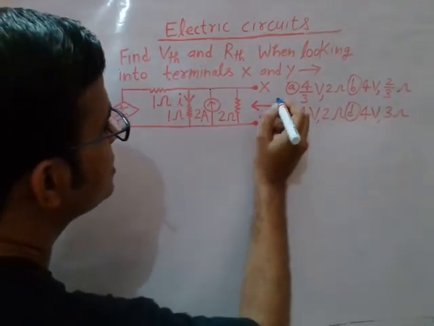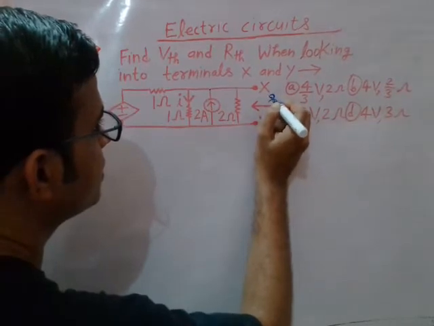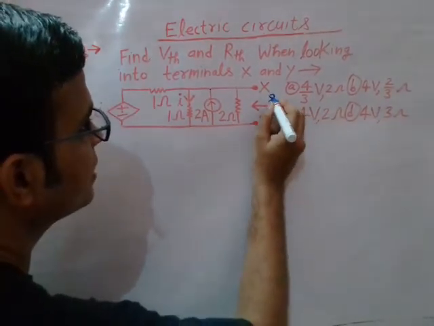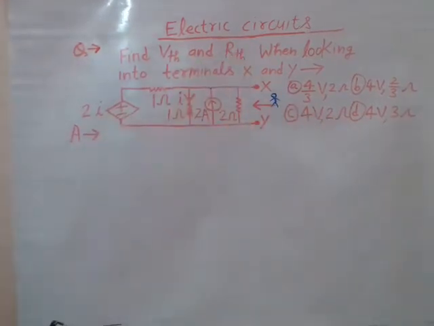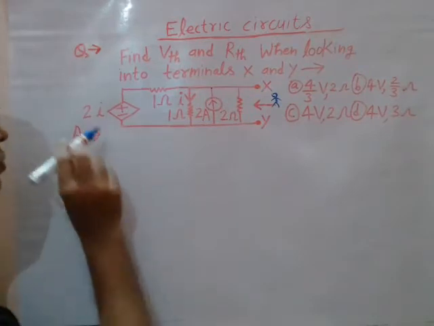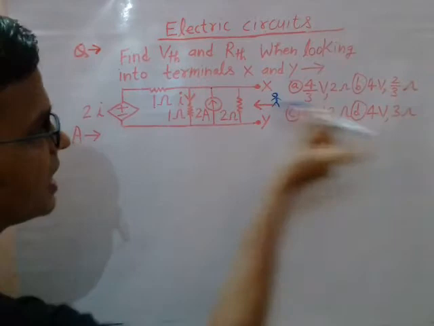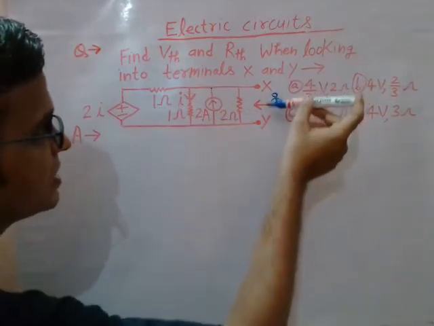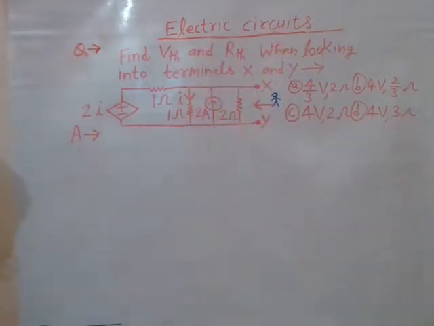Basically, you should stand here and look into the network like this. That is the demand of the question. Do not stand at some other point, and do not look at the network like this. You have to look like this, because across the X and Y terminals you have to find RTH and VTH.